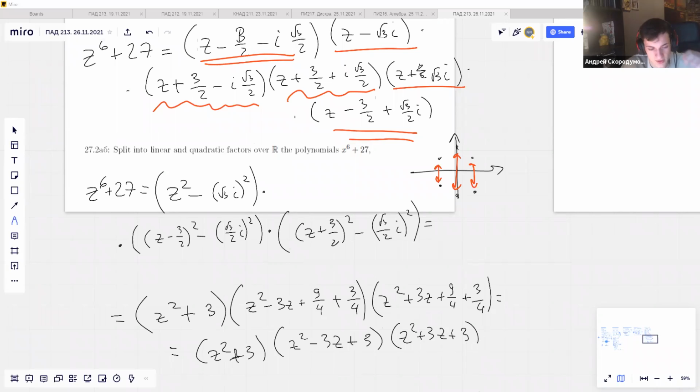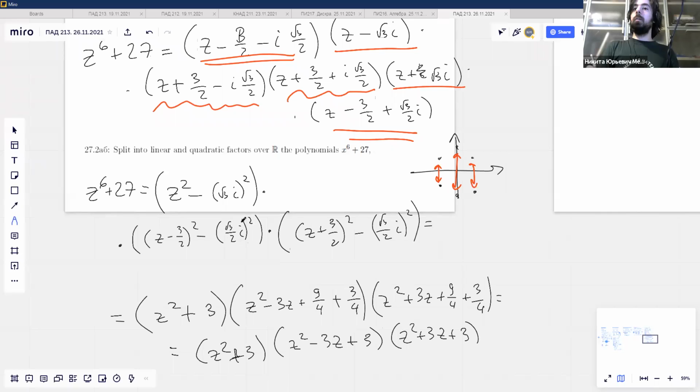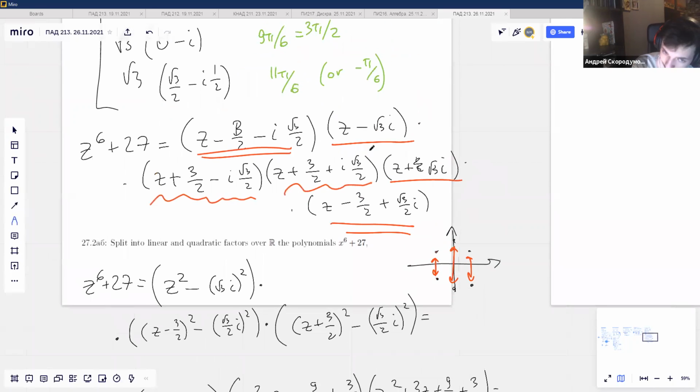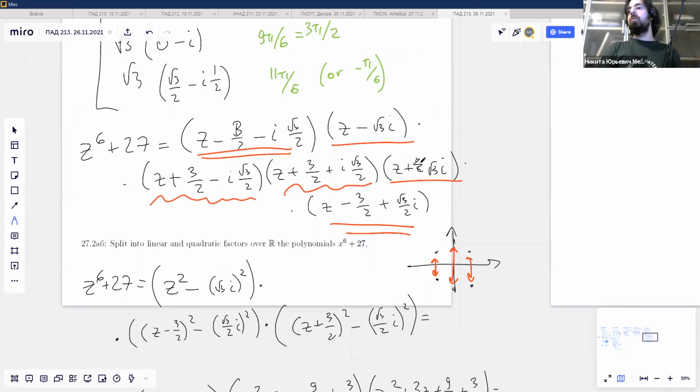Sorry, can you please one more time explain the last task when we have z squared minus 3 minus square root of 3 squared. Where did this come from? Okay, so here you have those two terms underlined by one red line.